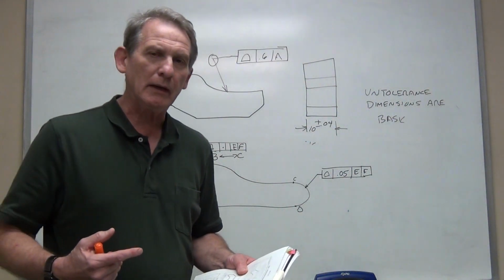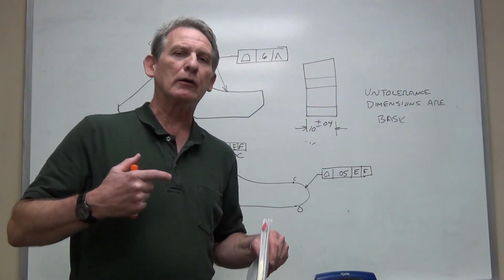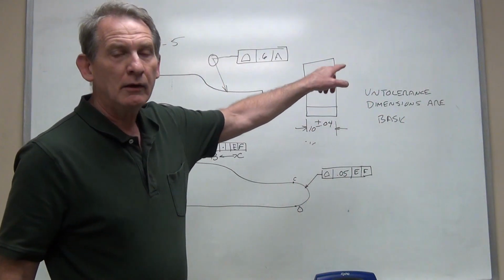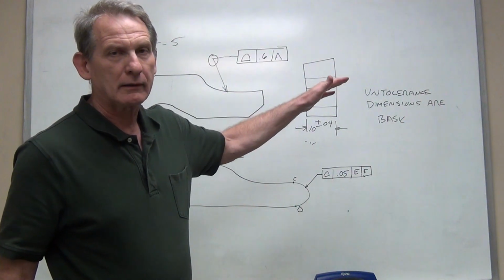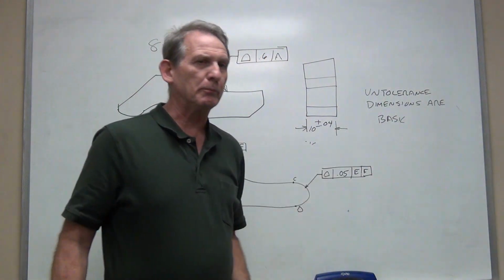And all of those dimensions have no tolerance attached to them, so they are going to be interpreted as basic based on this note that you would see on the drawing, or very often in the tolerance block of the title block. It will say untoleranced dimensions are basic.